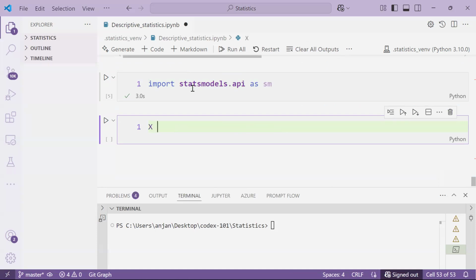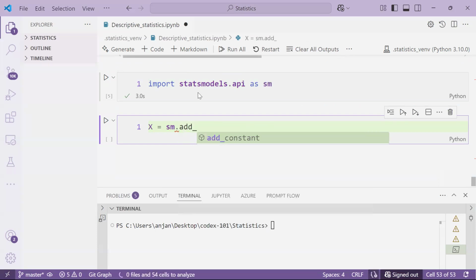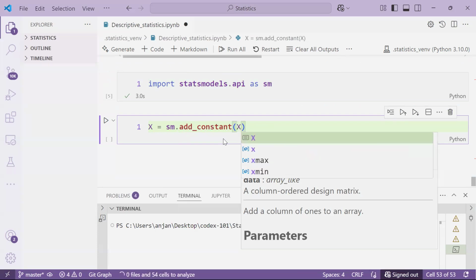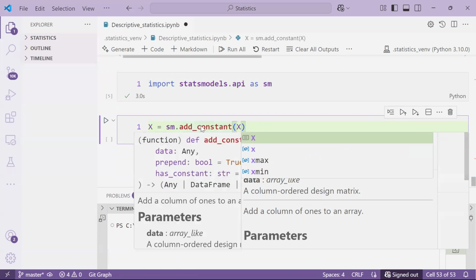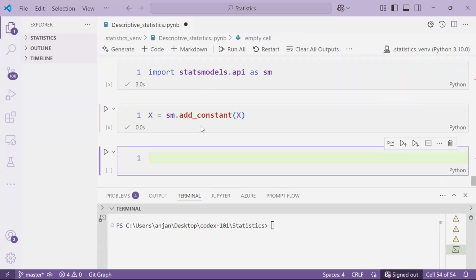When you are applying statsmodels, make sure you add the constant, that means the intercept value. So sm.add_constant adds the intercept to your x data. So you added the constant. After that, we can start building the model.